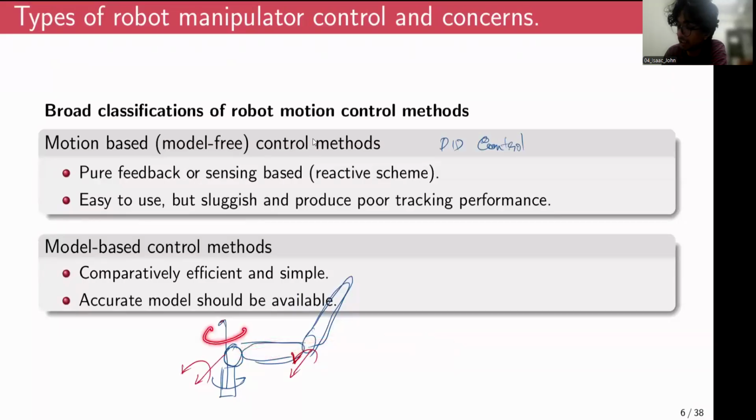But if the arm is folded, since the center of mass is concentrated near this axis, the rotational inertia would be very low, right? So from the mathematical model itself, we'll be able to know if the inertia is high or low.